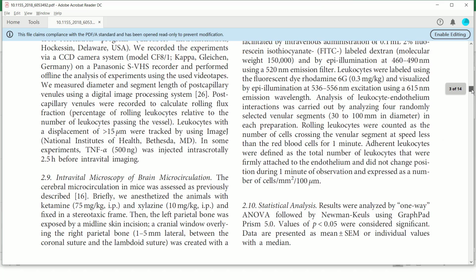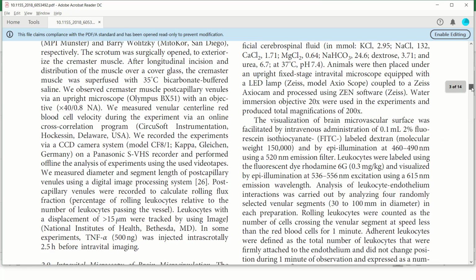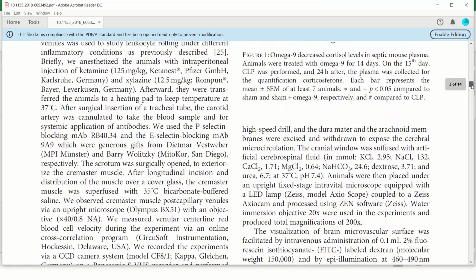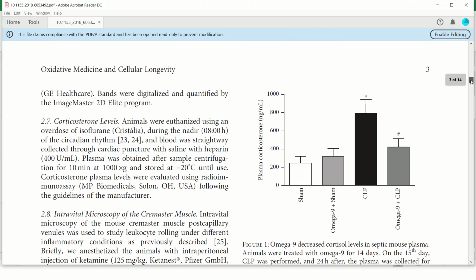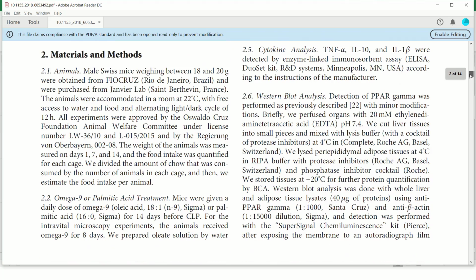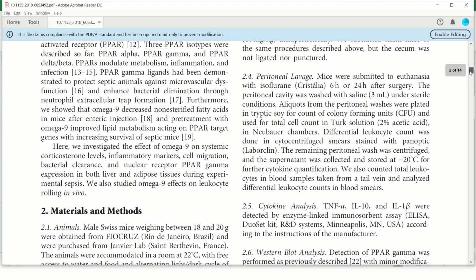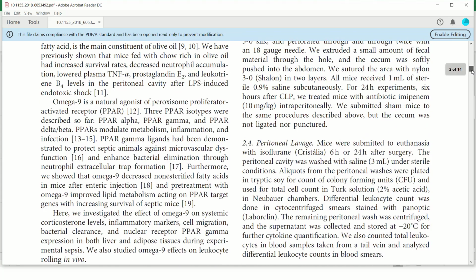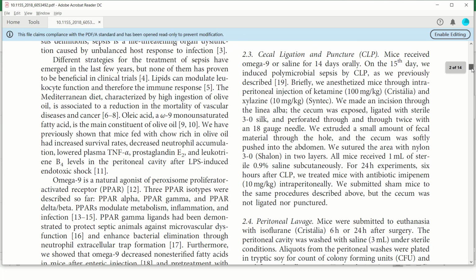They looked at intravital microscopy of brain microcirculation, cremaster muscle, cortisone levels, Western blot analysis, cytokine analysis, peritoneal lavage. Do they stain and find out that yes, there was bacteria in this? I can't see that they have done it. So how do you know that this particular animal had sepsis at all in the first place?